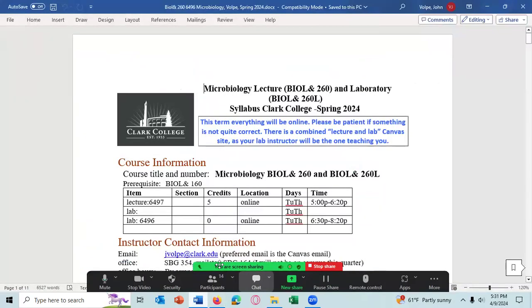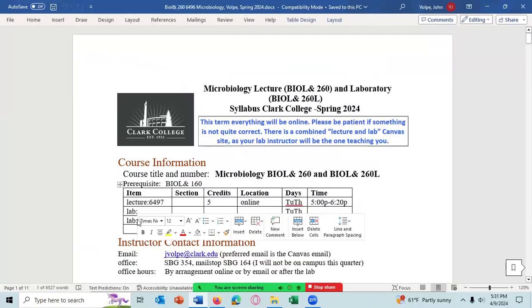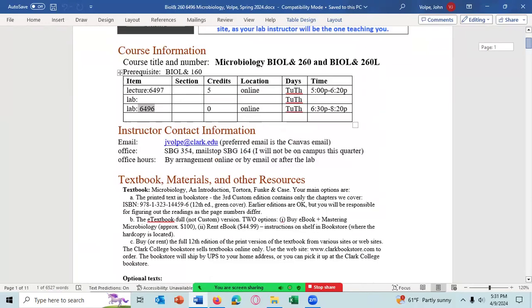If not, let's talk a little bit about the syllabus. I've got on the syllabus the class. The last lecture is 6497. However, in microbiology, the lab is more important because that is where you'll get your grade in Canvas. That's where we turn it in, even though it's supposed to be worth 0 points, 0 credits, but you'll get your grade here.